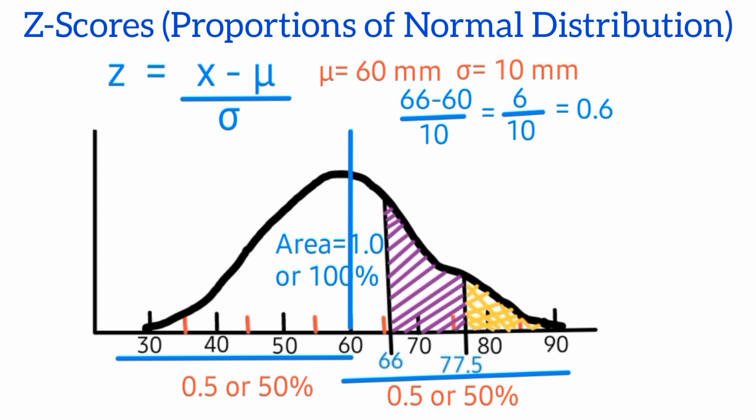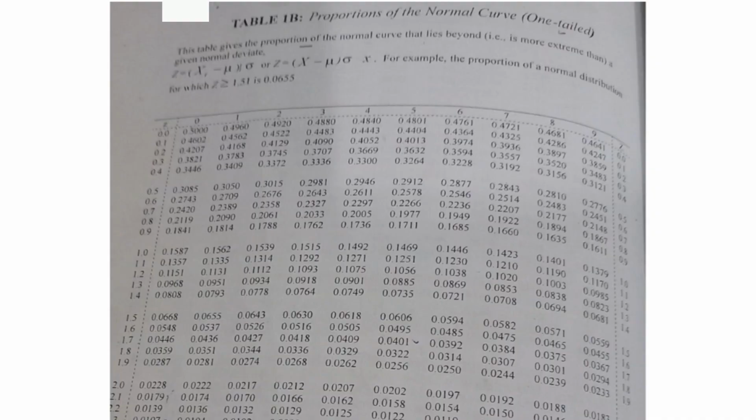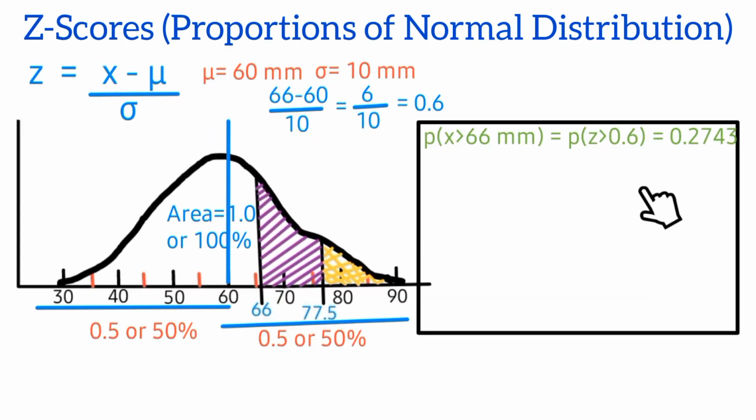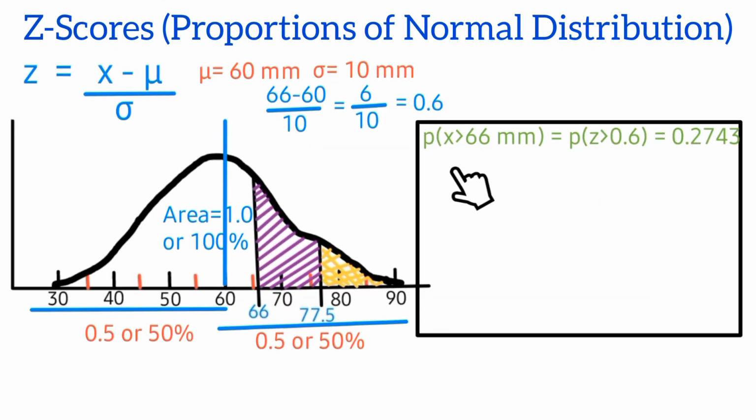Now to determine the proportion of the population of bone length that is greater than 66 mm, we'll visit the proportions of the normal curve tables. So this is the proportions of normal curve table. And remember, we got our z value to be 0.6, and the value is 0.2743. So we record it here. This is read as the probability of x greater than 66 mm or the probability of z greater than 0.6, and that gives us 0.2743.